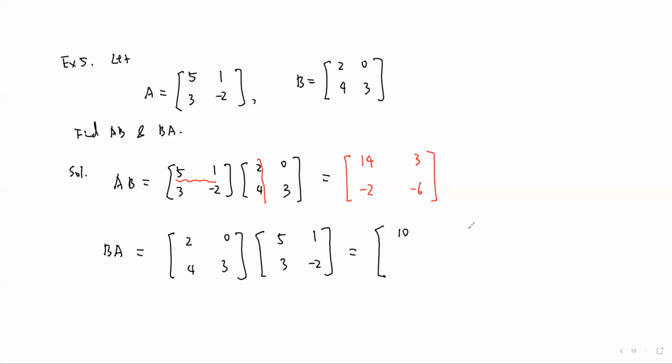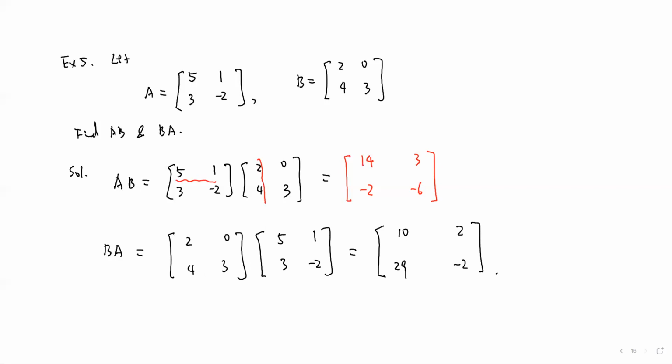The 1, 2 entry, row 1, column 2: 2. The 2, 1 entry, row 2, column 1: 4 times 5, 20, plus 3 times 3, 9, that's 29. And then the 2, 2 entry, row 2, column 2: 4 times 1, 4, plus 3 times negative 2, minus 6, negative 2.